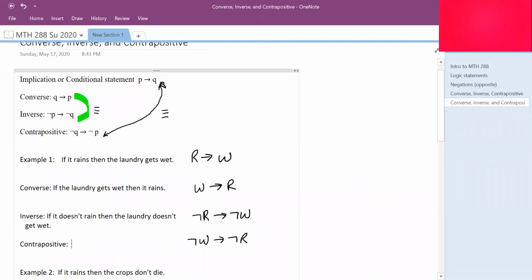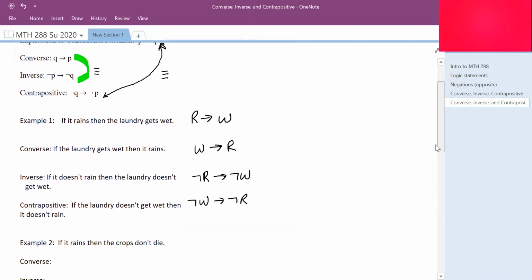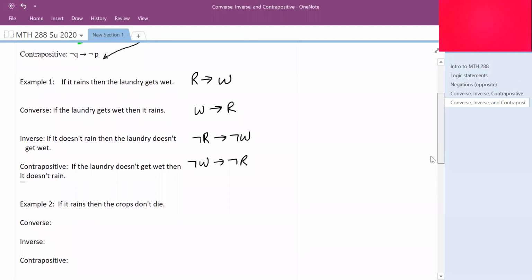Contrapositive becomes if the laundry doesn't get wet, then it doesn't rain. So we have switched the order of them. Okay, let's look at the second example.